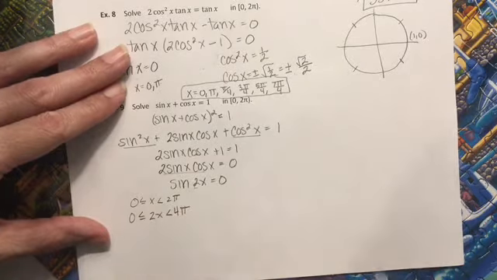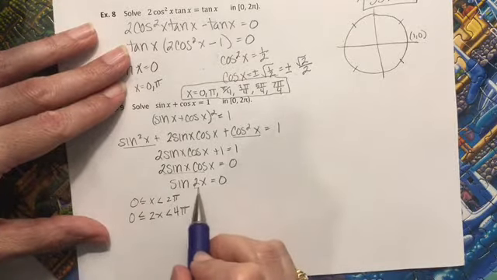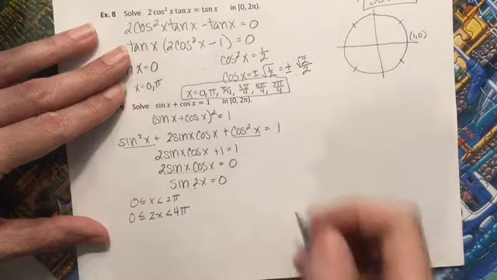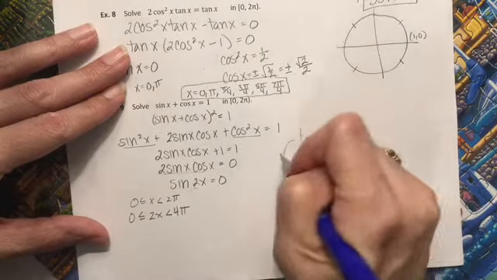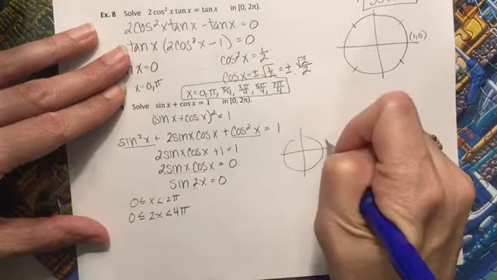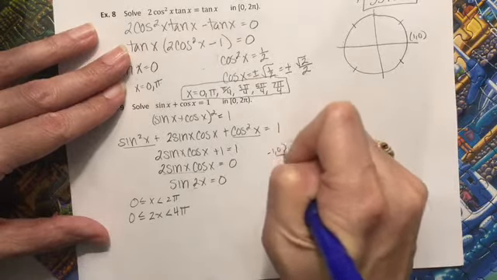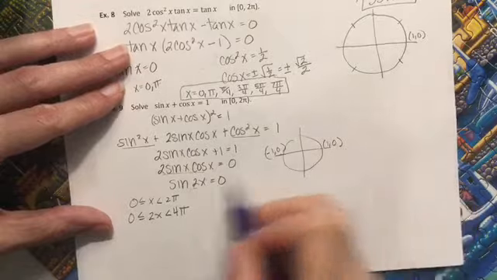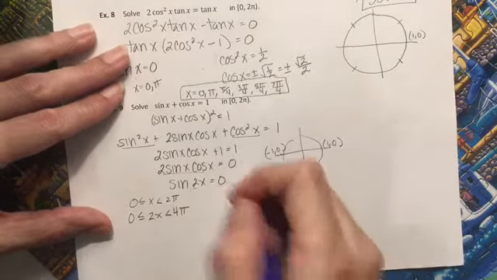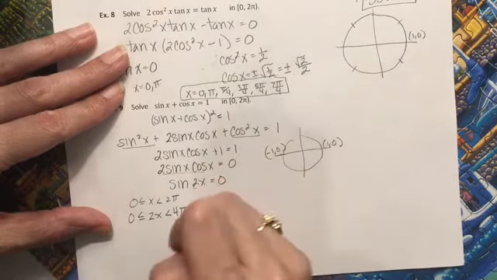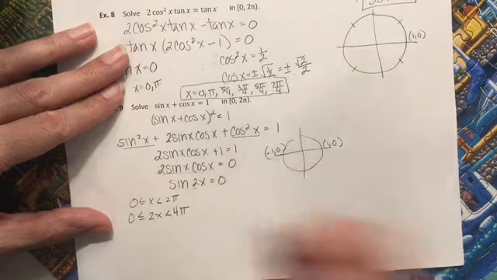So where is the sine going to be 0? It's right here, right? And it's also here. Those are the two spots where it's 0, but in this case it has to be within this, so between 0 and 4 pi.